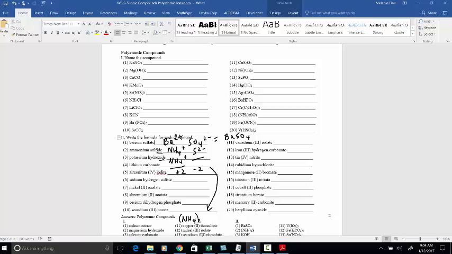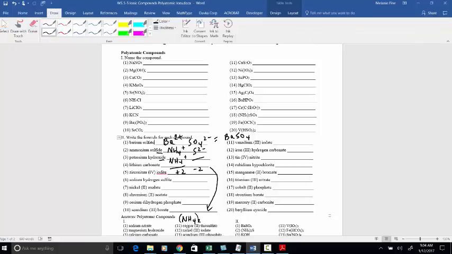In fact, let me clean that up a little bit. Notice, by the way, with barium sulfate, I didn't have to write any parentheses around the sulfate because there was only 1 of them. So the parentheses are not required unless I have more than 1. And then we know that there's 1 sulfide ion, so we just write that. That's ammonium sulfide.